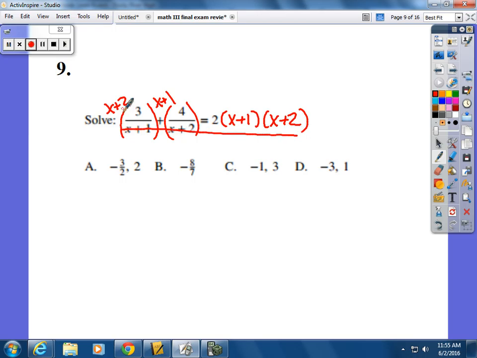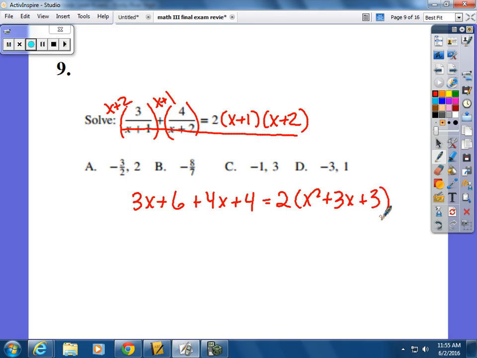So 3 times x plus 2 would be 3x plus 6, and then 4 times x plus 1 would be 4x plus 4, is equal to 2 times x squared plus 3x plus 3, which is 2x squared plus 6x, plus 4.